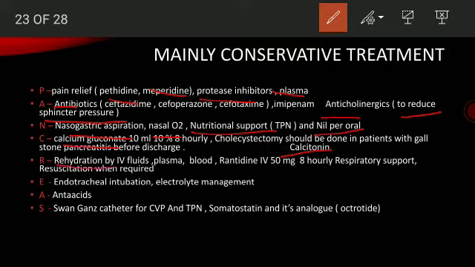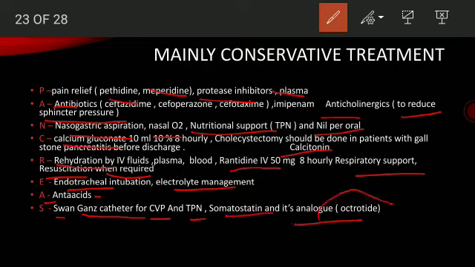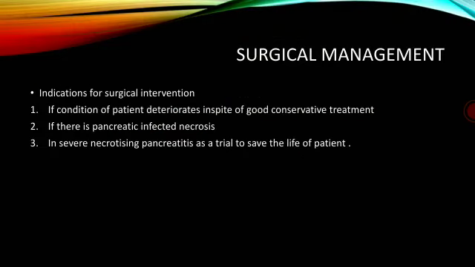R for rehydration by IV fluids, plasma, blood, or ranitidine given IV 50 mg 8 hourly, or respiratory support resuscitation whenever required. Then E for endotracheal intubation, electrolyte management. A for antacids. S for Swan-Ganz catheter for CVP or total parenteral nutrition. Somatostatin and its analogs, that is octreotide, should be given. This is mainly the conservative treatment.